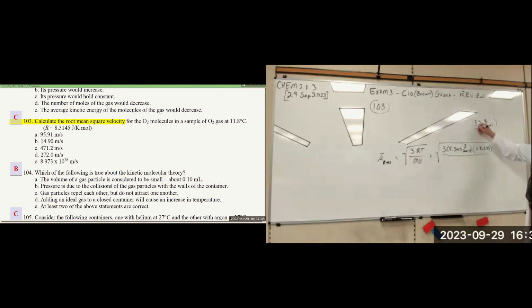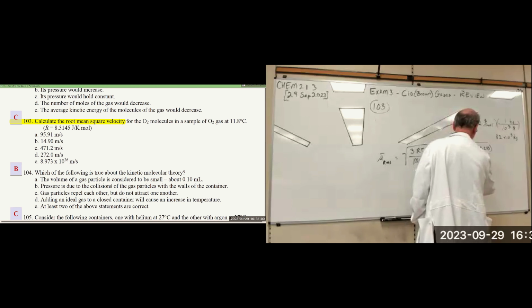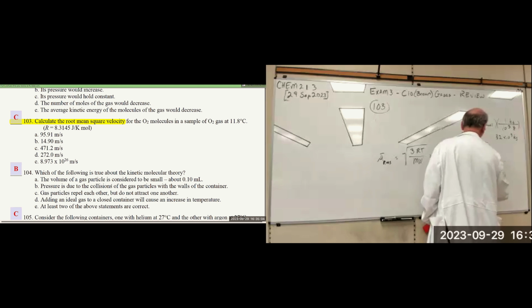Get rid of grams, numerator, denominator, kilograms here. So we have 10 to the third grams per kilogram. So it'd be 32 times 10 to the third, or 3.2 times 10 to the fourth kilograms per mole.